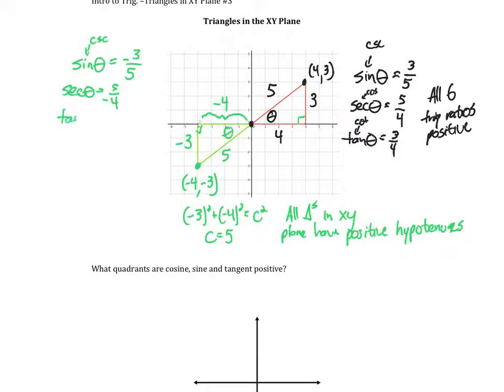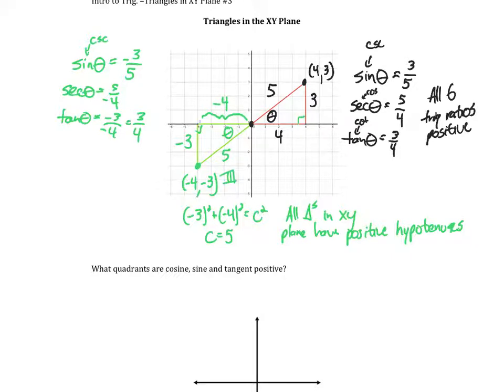And then tangent of theta would be opposite leg over adjacent leg. That would be negative 3 over negative 4, where the negatives cancel out, and I get the same value. So notice that tangent is the same. However, sine and secant have a change in signs. So this one was quadrant 3.